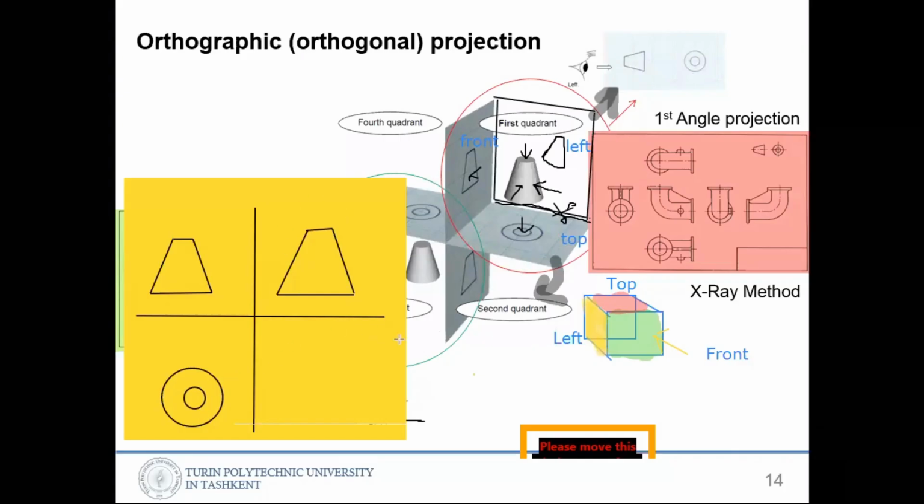Okay, so this kind of way of drawing is called the first angle projection method.